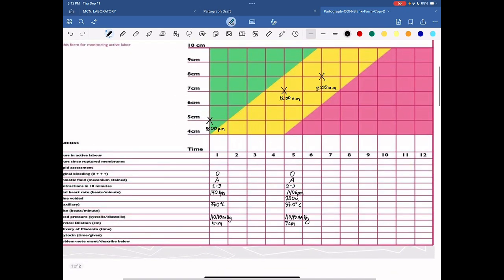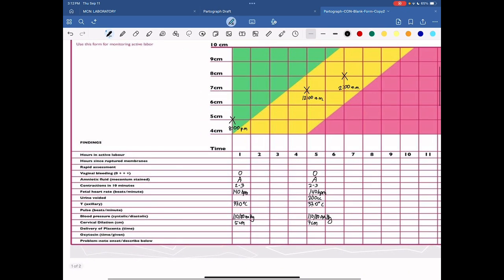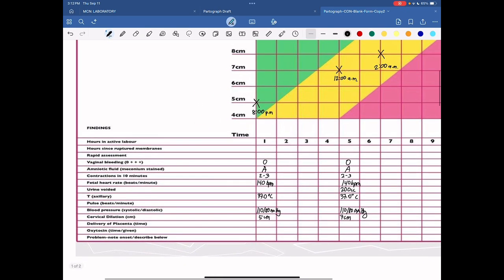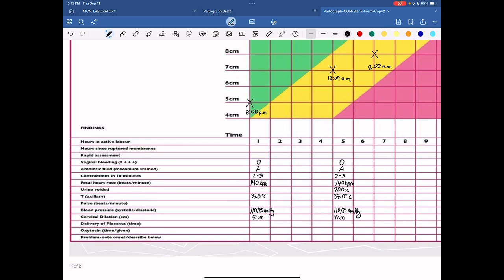Okay, and upon the assessment at 2 a.m., these were the information recorded. Cervical dilatation was observed at 8 centimeters. Then she had a negative bow or bag of water.